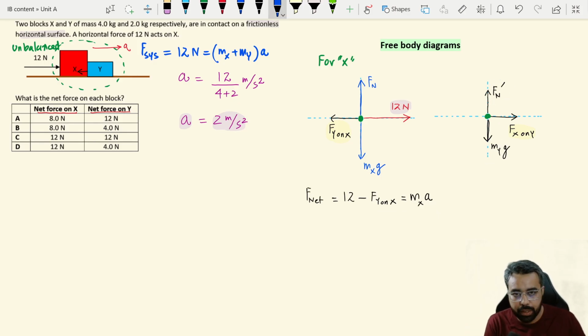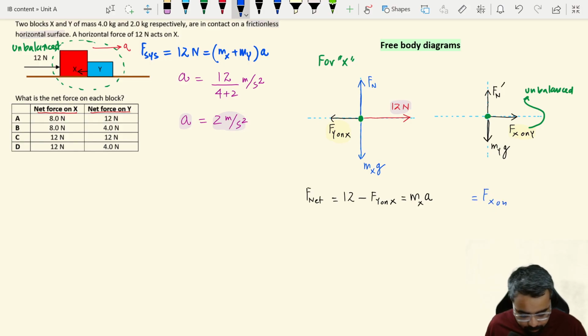If you apply Newton's second law again, this is the unbalanced force causing acceleration in y. So the net force on y is equal to Fx on y, that is equal to mya.